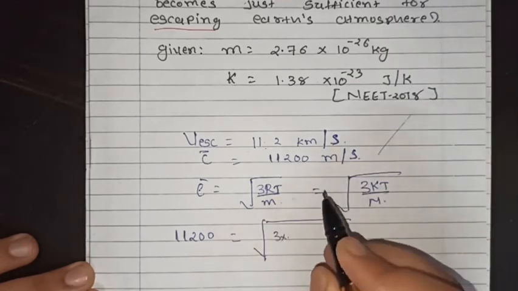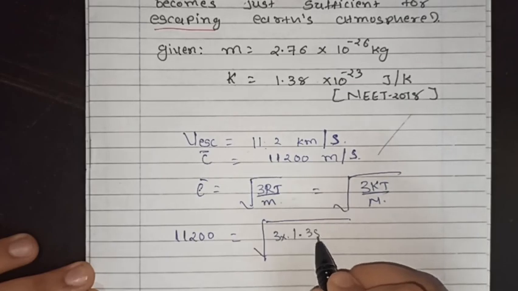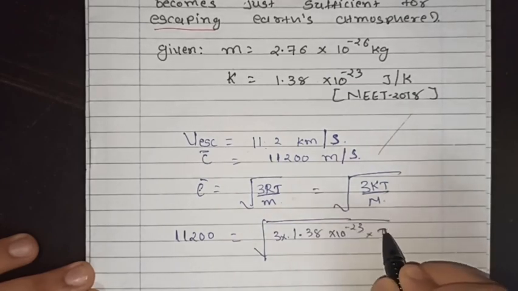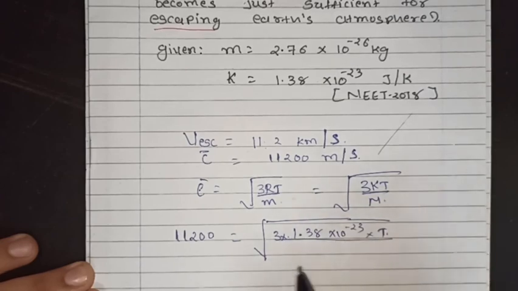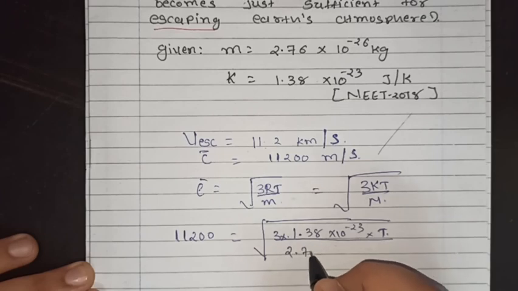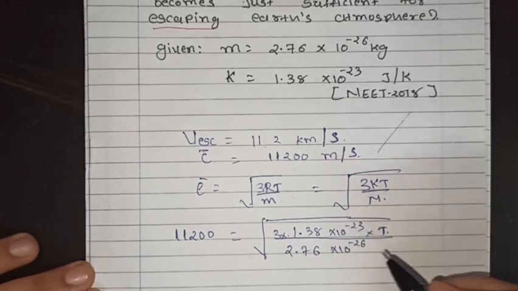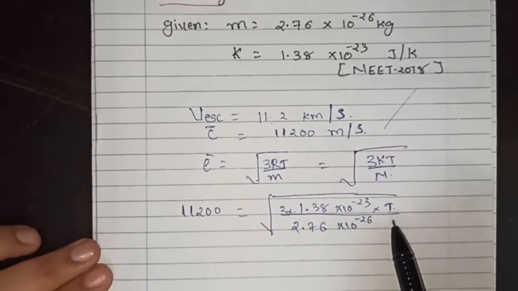So 3 into k is 1.38 into 10 power minus 23 into temperature divided by mass, that is 2.76 into 10 power minus 26 kg. Solve this for the value of T.